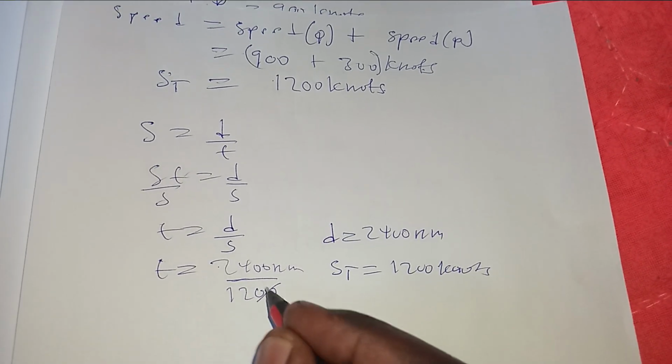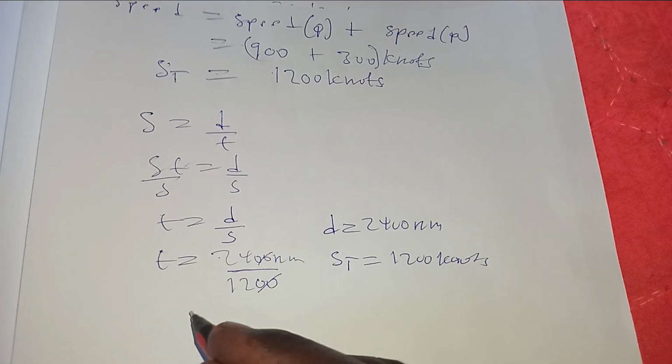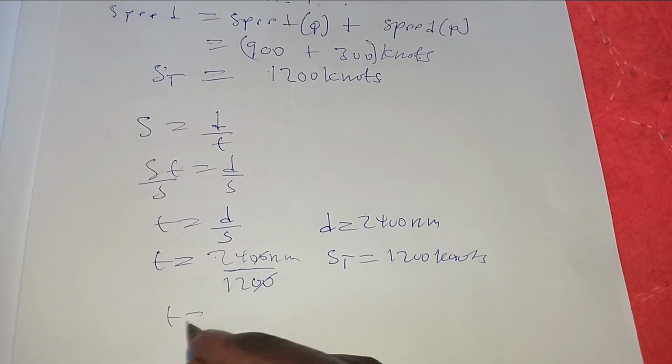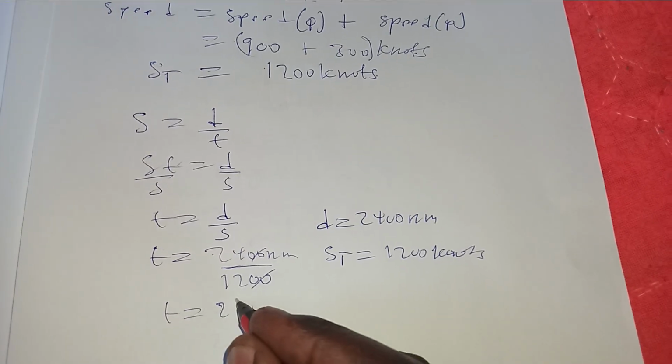We can cancel zeros, so time is equal to 2 hours.